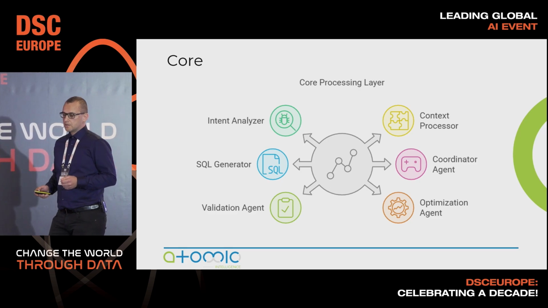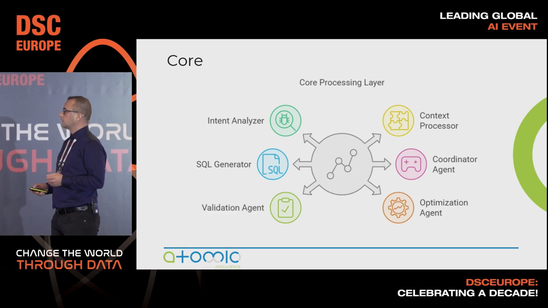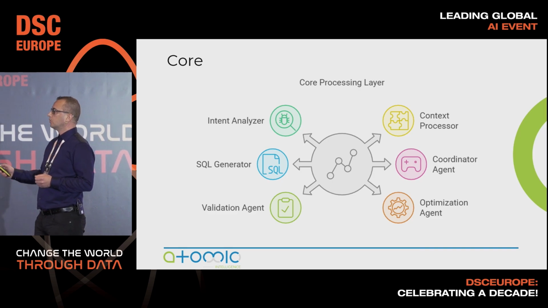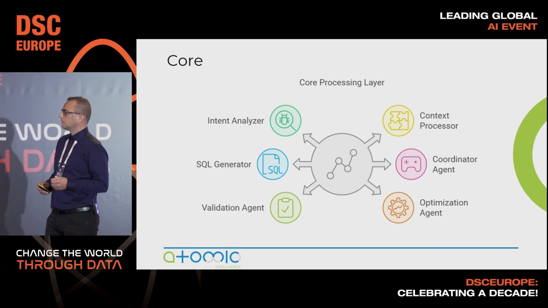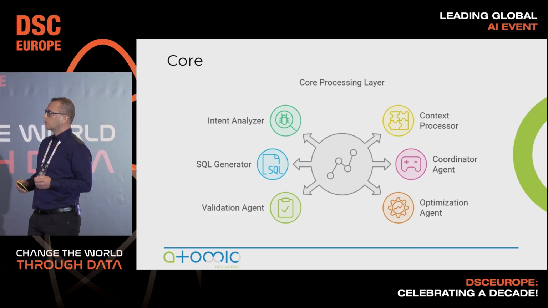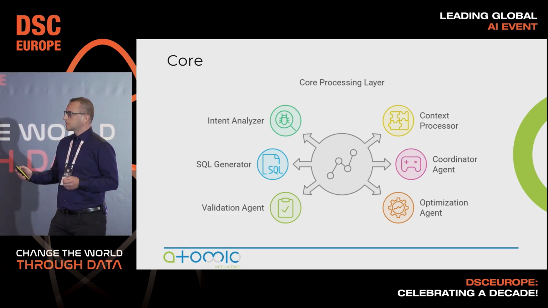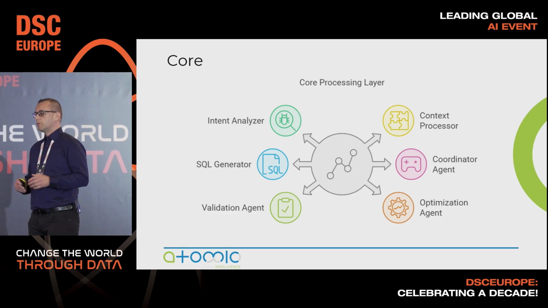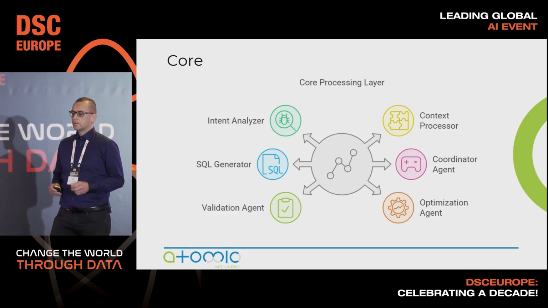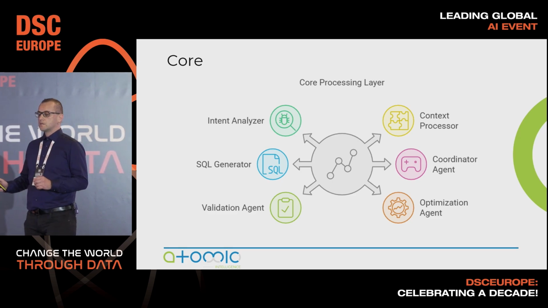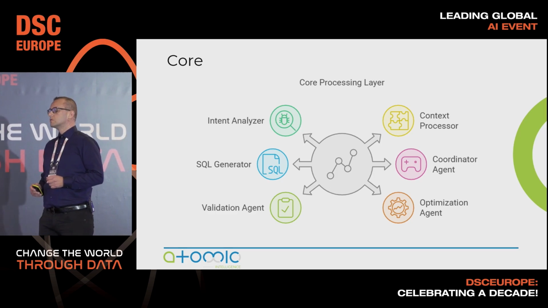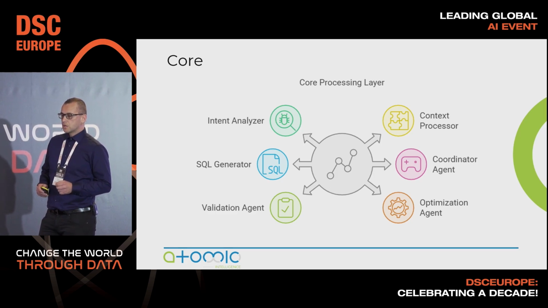The SQL generator is the most important part, which is working in a zero-shot manner, but also in multiple hops with agents. When you have more complex queries, we use some technologies to decompose these queries into multiple smaller queries before executing. You have a validation agent, which also includes security checks.